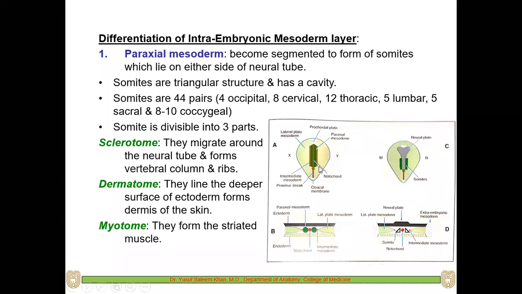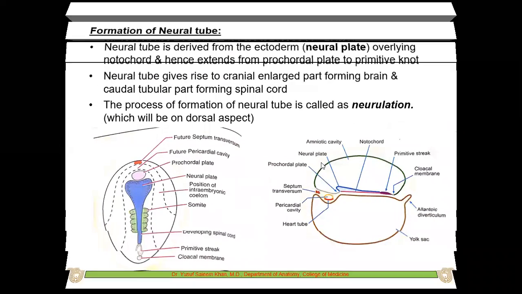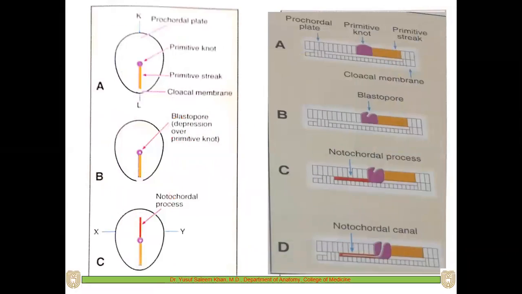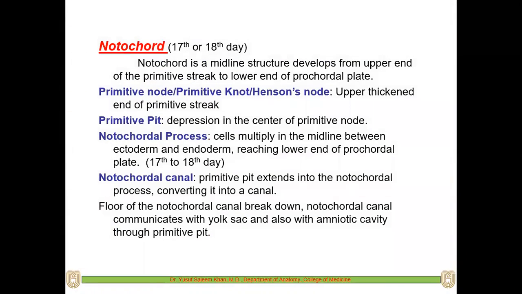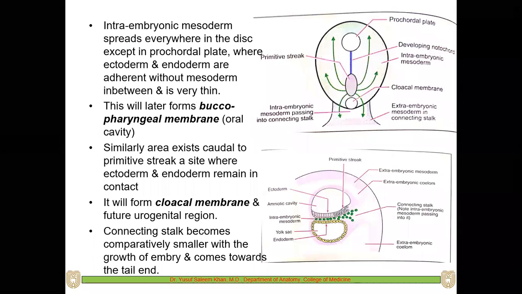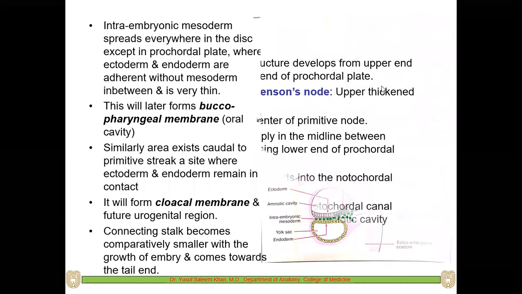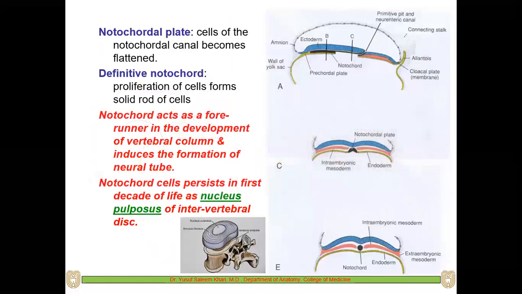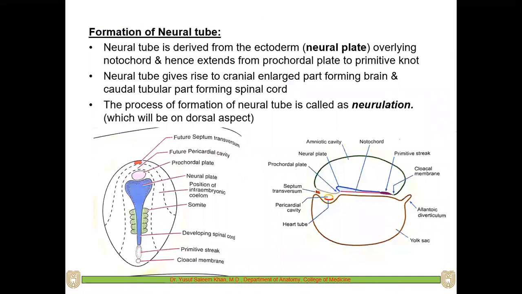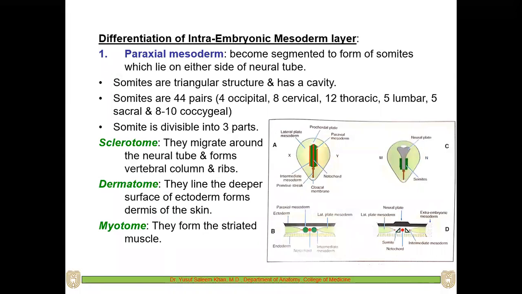Within the embryo, now there is formation of this mesoderm, which we already saw. So this is the mesoderm developing from the primitive streak. This is the mesoderm which was spreading everywhere. This is the intra-embryonic mesoderm. Okay. So now this intra-embryonic mesoderm differentiates itself.